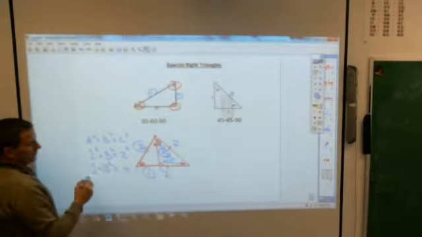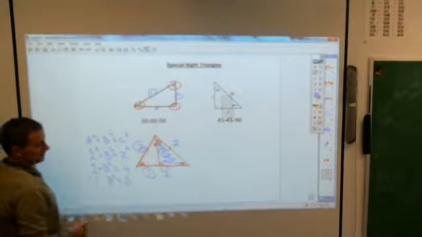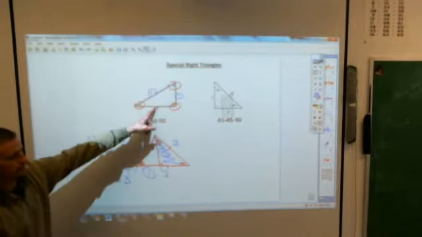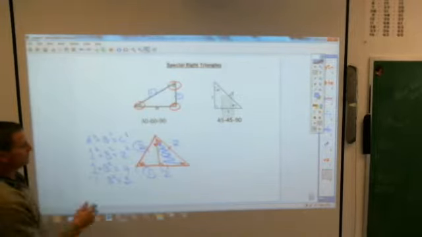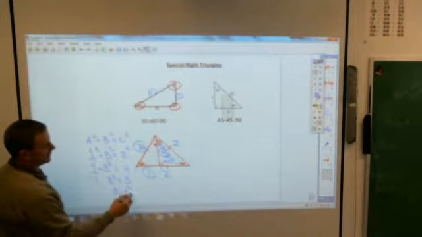If I move my 1 over by subtracting it, I get b squared equals 3. If b squared equals 3, what does b equal? Square root of 3.